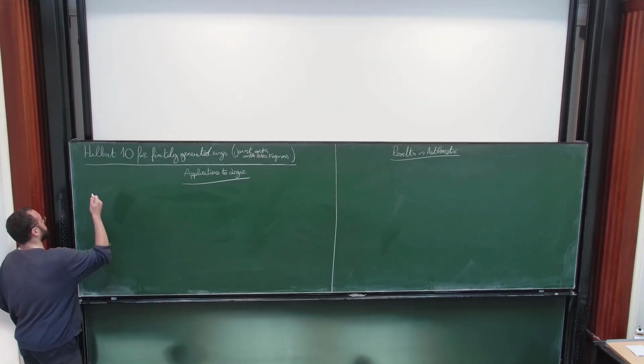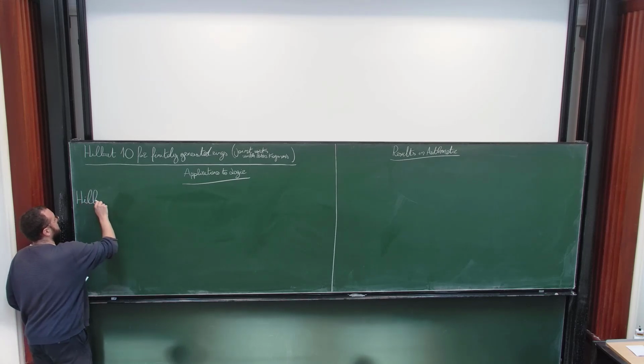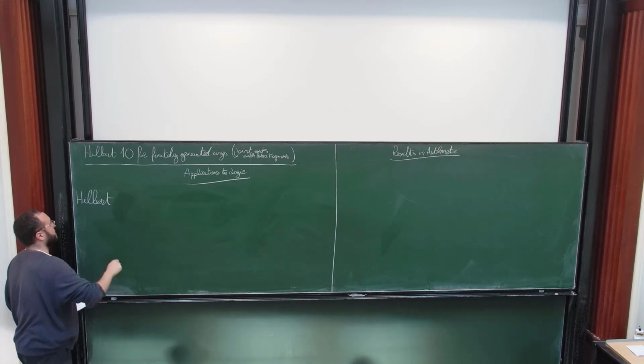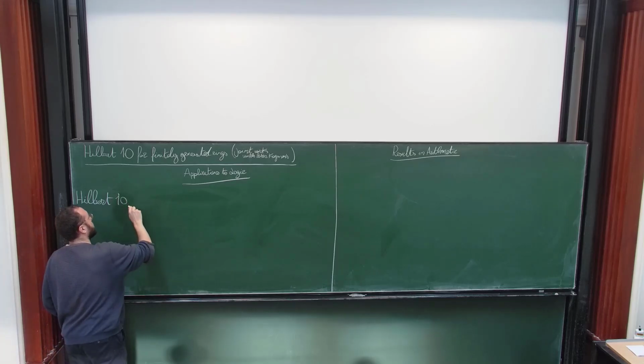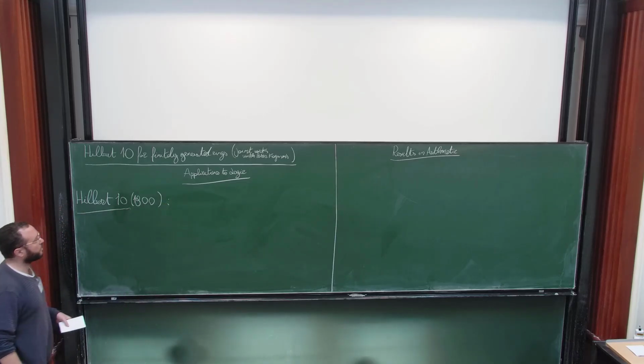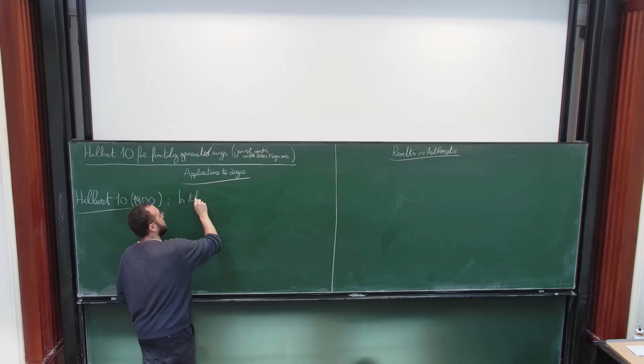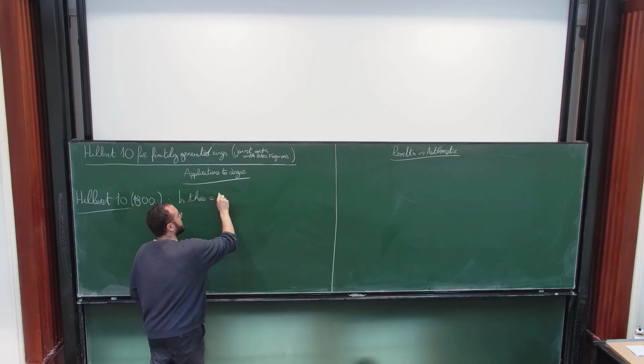Most of you have probably heard about this or know about this. This is Hilbert's 10th problem, from his list of 23 problems, asking for the existence of a Turing machine.